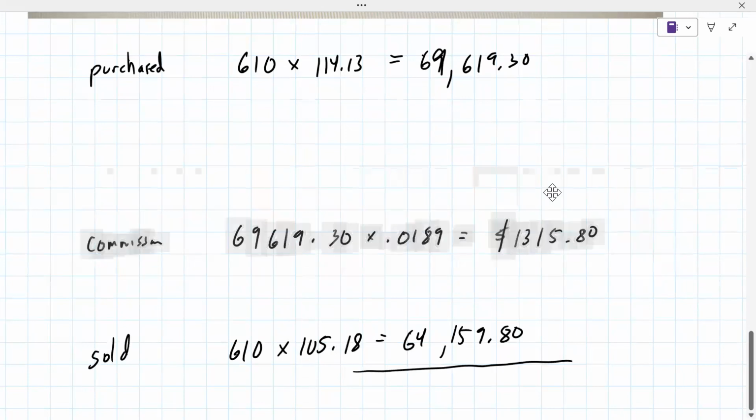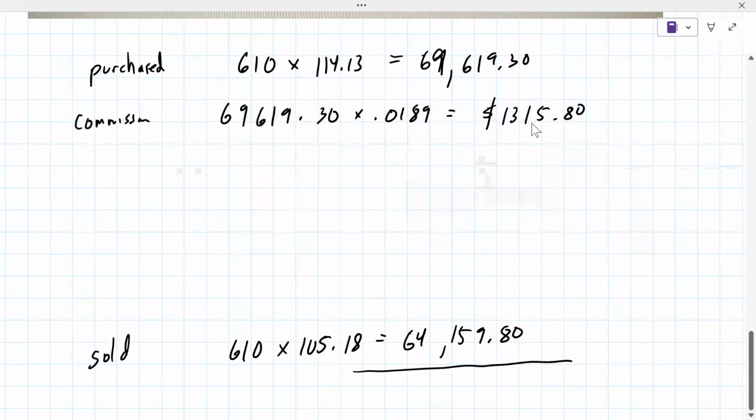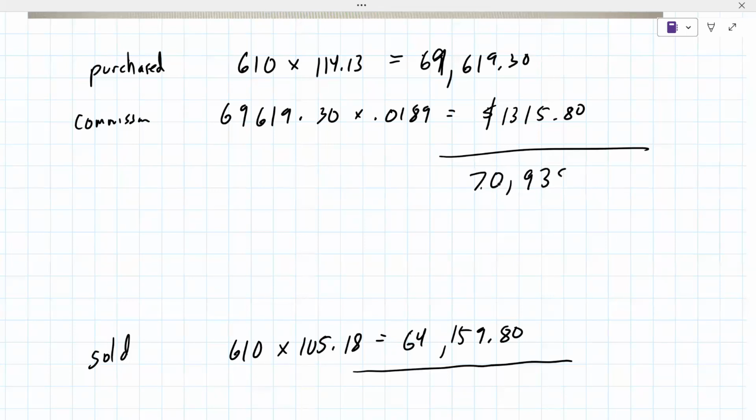All right, so here's what it really is. The person paid this amount: the purchase price plus the commission added together, which ends up being $70,935.10.